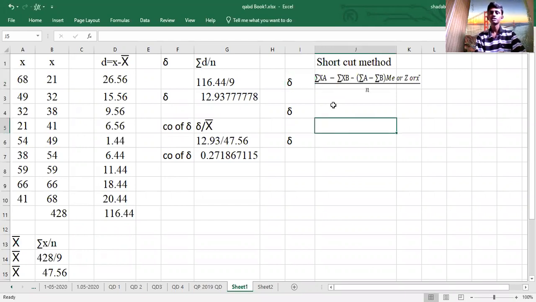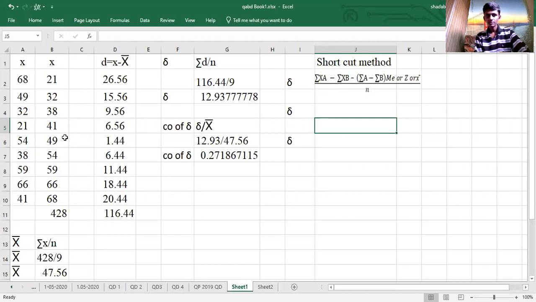Now, what is sigma xa? In the previous slide I showed the values: the sum of the values which are greater than the average is called sigma xa. Just look here, the average, the mean, is 47.56. It lies between 41 and 49.